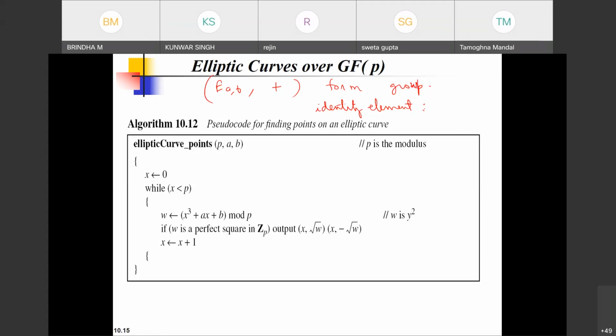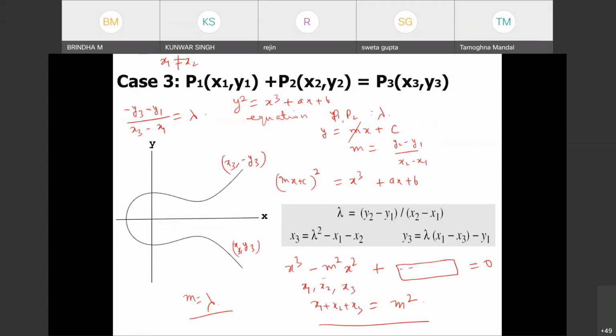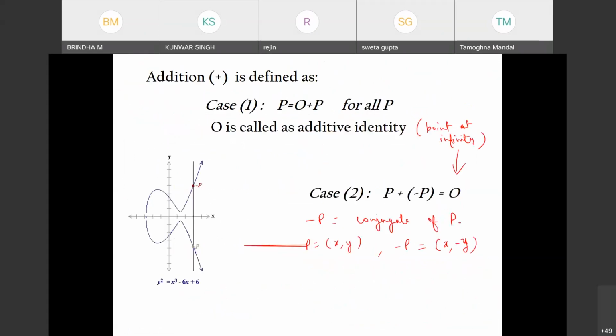So the identity element is this one, the point at infinity. Because you are adding P with the point at infinity, you are getting P. So the point at infinity is the identity element.